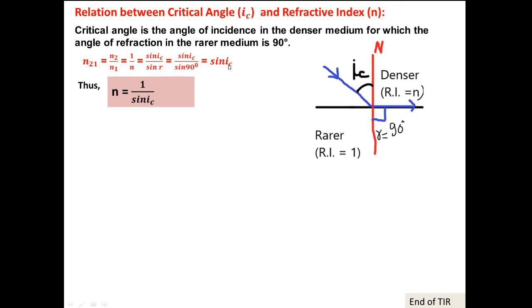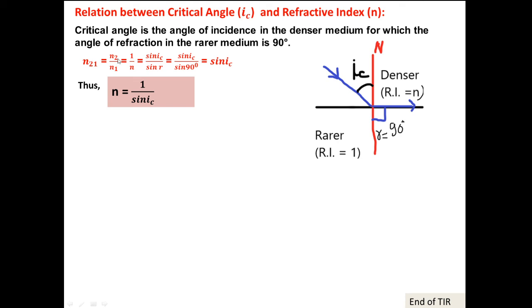Then how can we write Snell's law? n21, means refraction taking place in the second medium, equals n2 by n1. Now here it is sin iC by sin r, and see, the refraction is taking place in the rarer medium, its refractive index is 1, and here n1 I myself have taken, that is the denser medium whose refractive index is n.